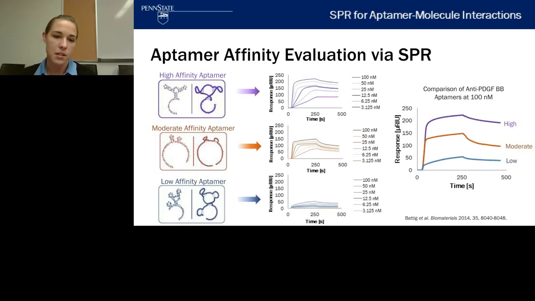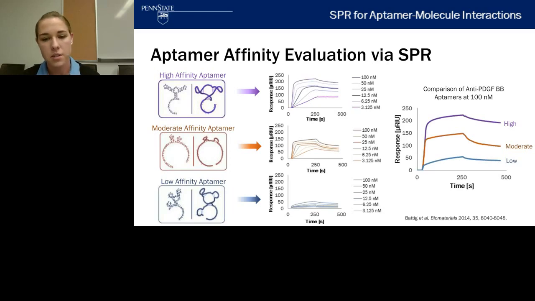And we can see that each aptamer has a specific secondary structure based on the sequence, and that changing the 2 nucleotides from the high to the moderate affinity aptamers vastly alters the secondary structure. And this is going to affect how the aptamer is able to bind to its target.